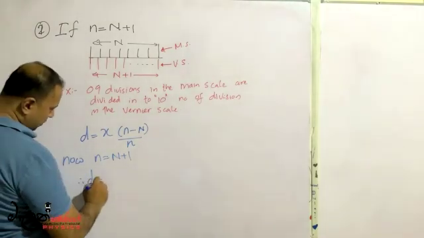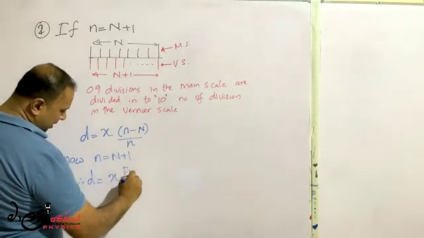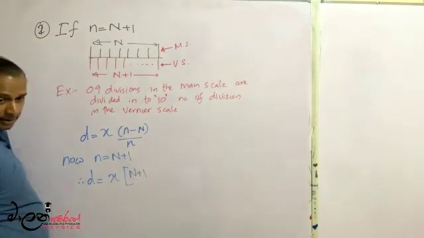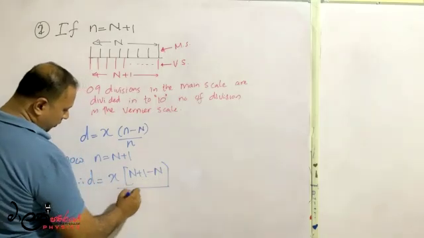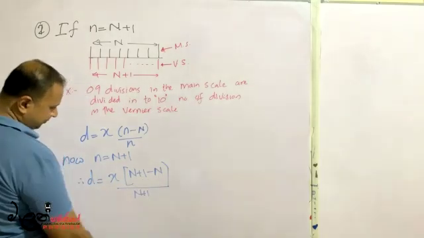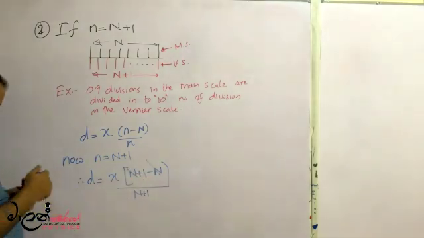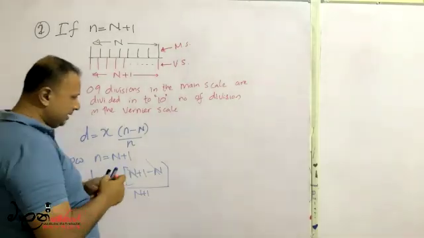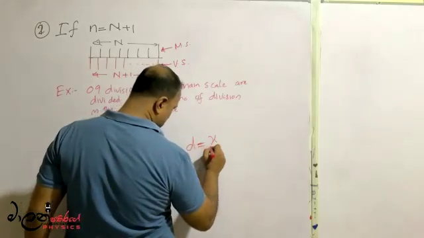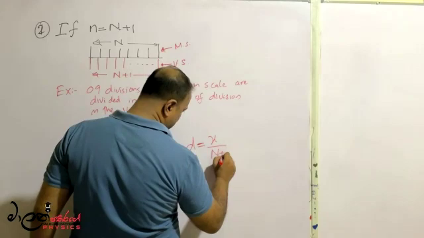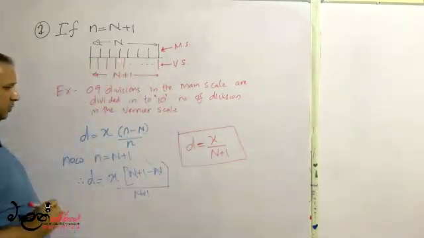Therefore, d is equal to x times N plus 1 minus N over N plus 1. Therefore, N and N will be cancelled out. So in such cases, d is equal to x over N plus 1.